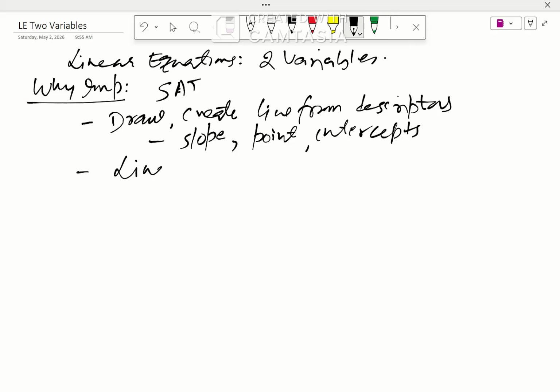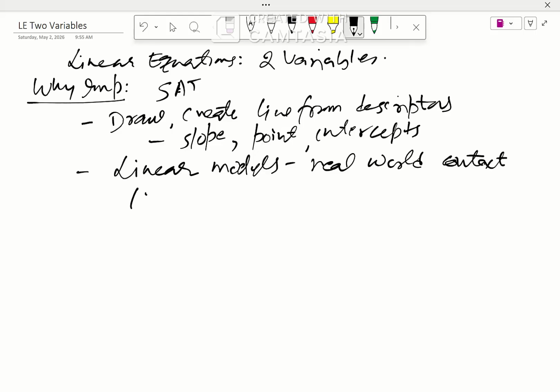There are questions on SAT on linear models, and these are real world examples from real life. So there will be in-context problems or word problems from real world examples.